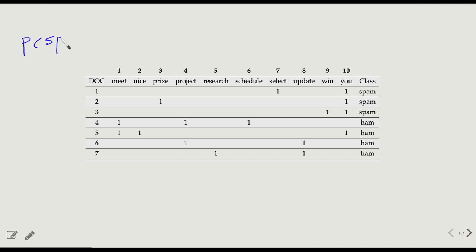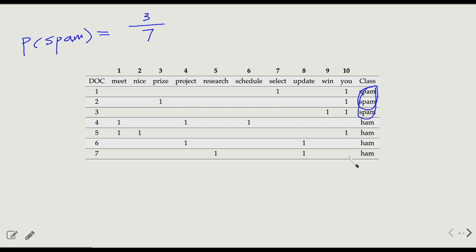So the probability of spam can be estimated by the number of spams here divided by the total number of emails. And so in this case, we have three spams over total 7 emails.